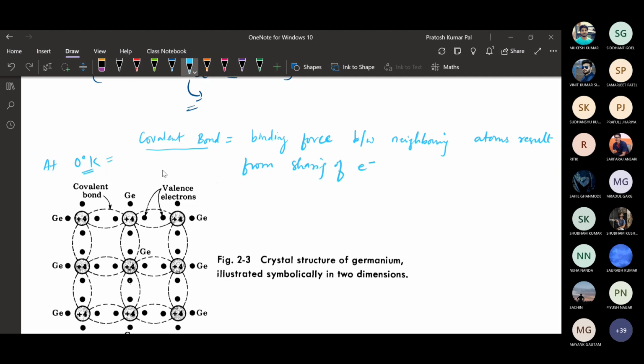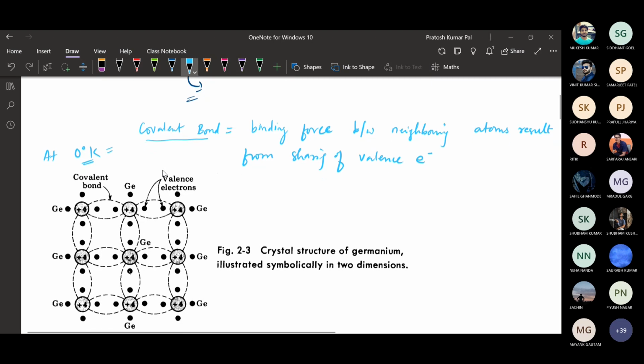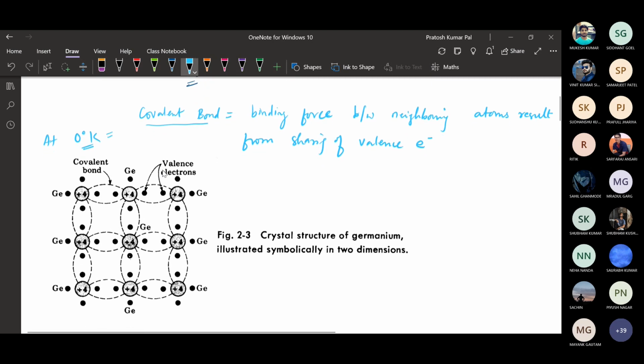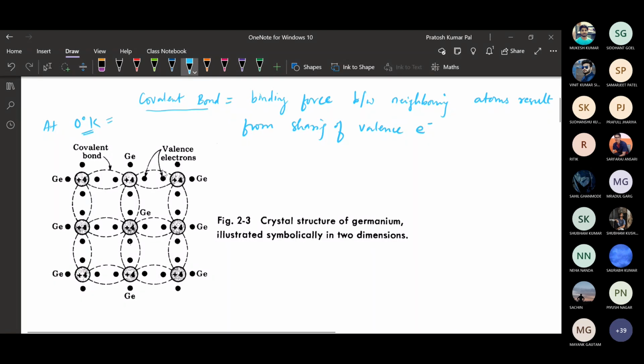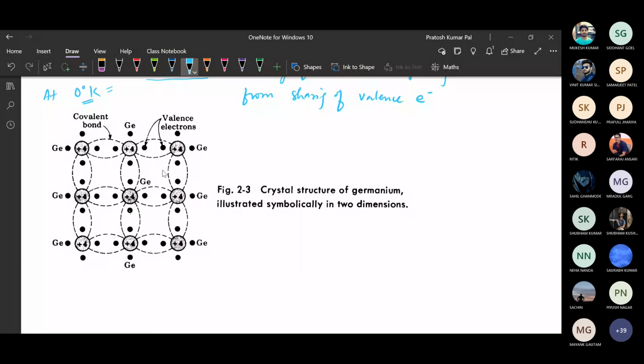Okay, or we can call it sharing of valence electrons. So this covalent bond is basically the bond formed between the neighboring atoms of tetravalent element by sharing its valence electrons. Okay, so by sharing whatever bond will be there, it will be a valence bond here.